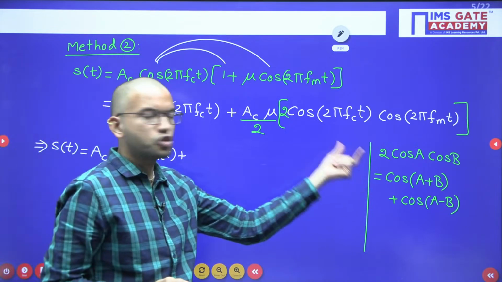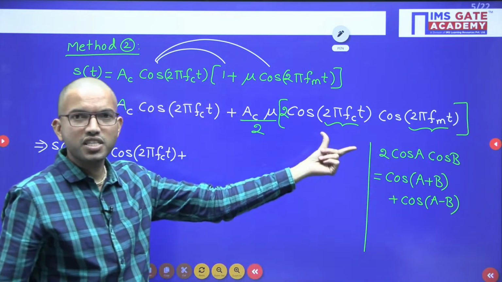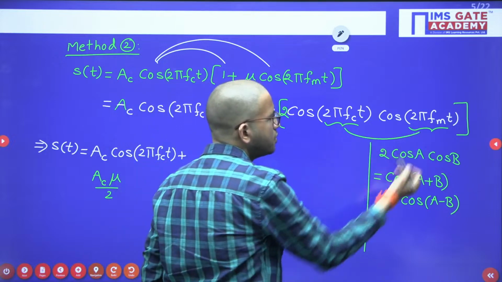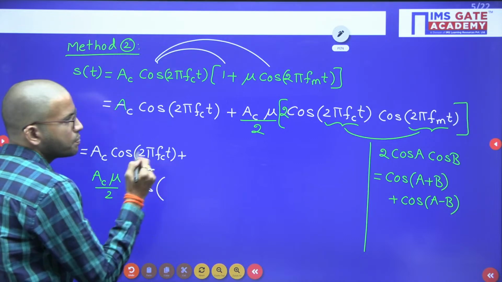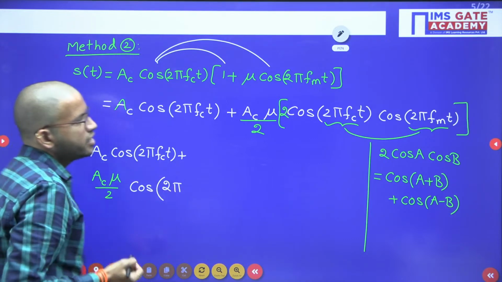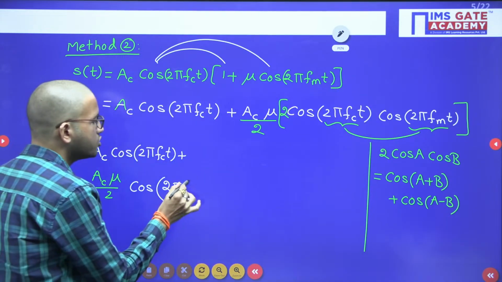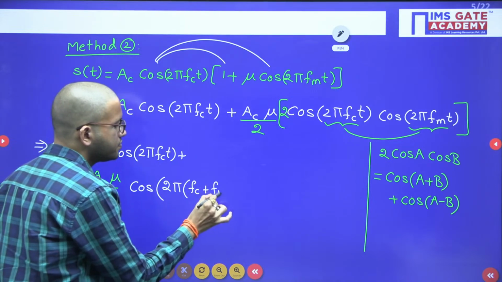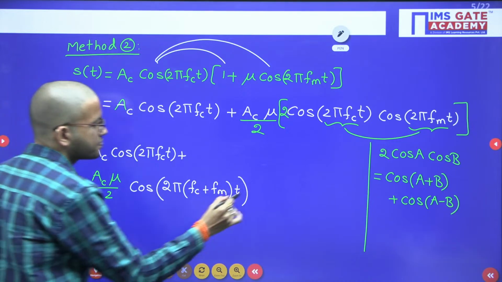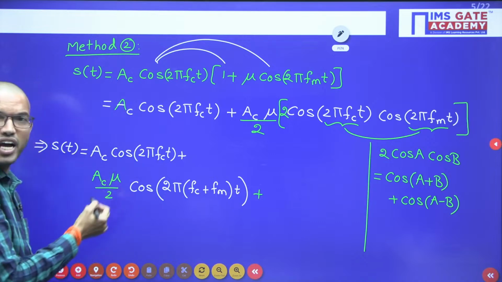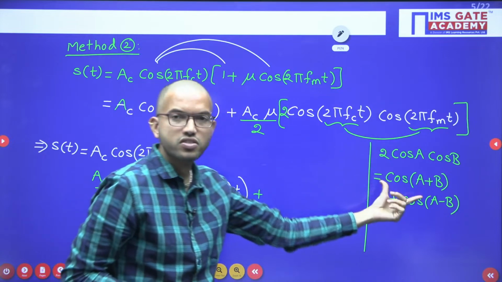Now you are getting 2 cos A cos B, where this is A and this is B. So we can perform cos sum plus cos difference. Cos sum means 2 pi fct plus 2 pi fm t. We can take 2 pi t as common, so 2 pi into fc plus fm into t, plus the same coefficient, because 2 cos A cos B is nothing but cos sum plus cos difference.